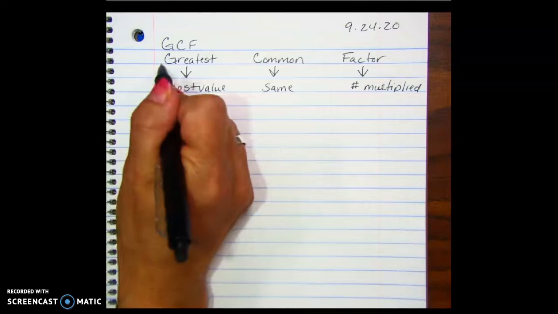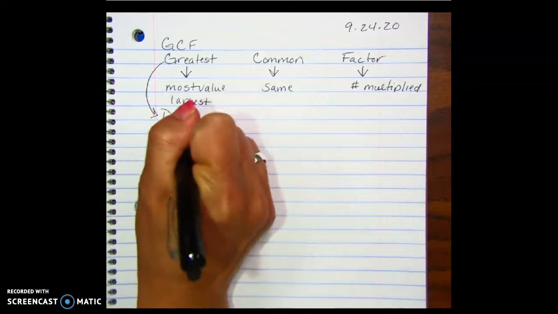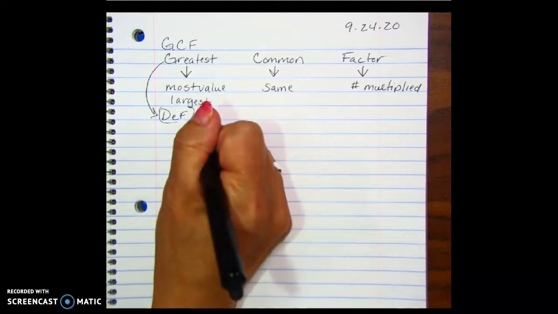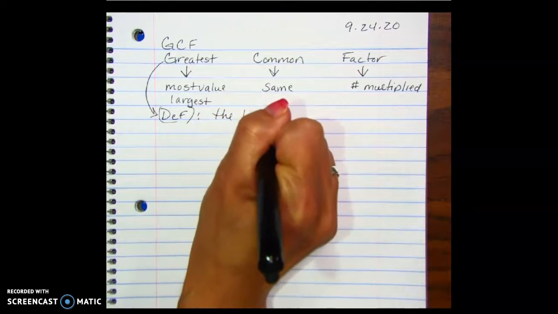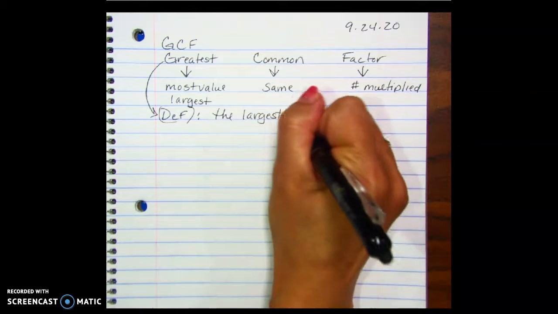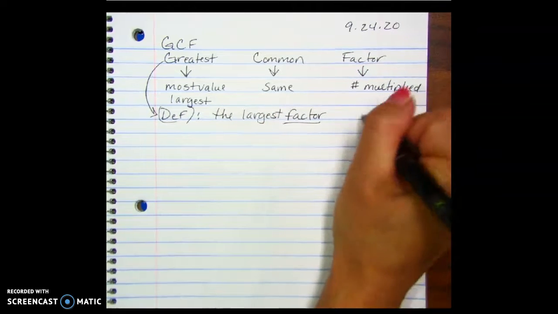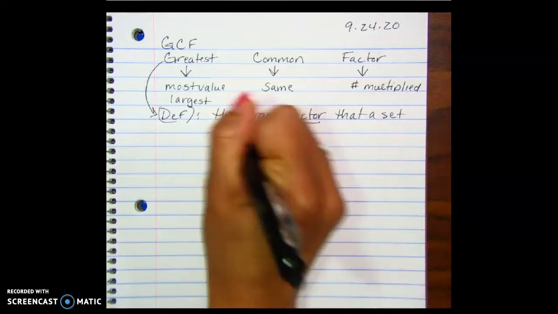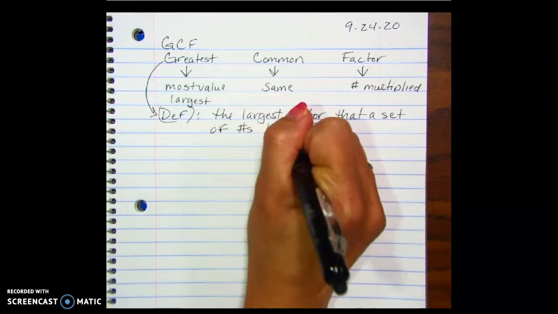So the definition that you will see, again, of the greatest common factor is the largest factor that a set of numbers have in common.